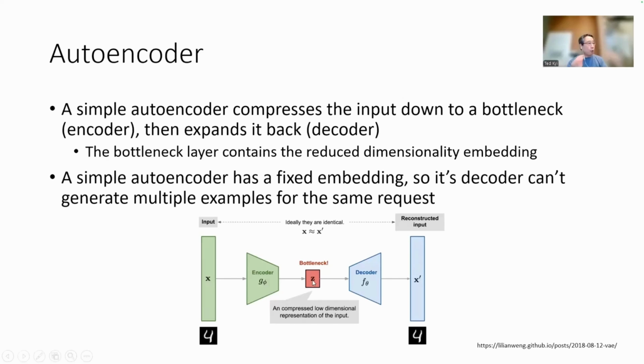So instead of having just a fixed bottleneck, we're now going to have a probability distribution that it compresses it to. And so here you can see it expressed as a multi-dimensional Gaussian. So you have a vector of means and a vector of standard deviations, and I think this is just a diagonal covariance, so there's just a vector instead of a square matrix of standard deviations.